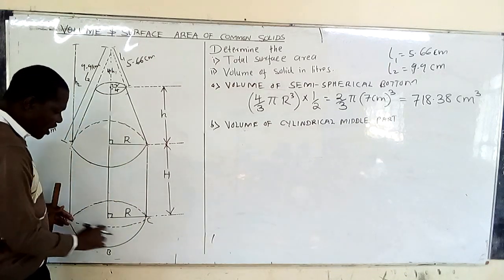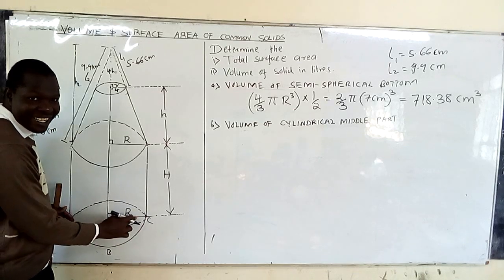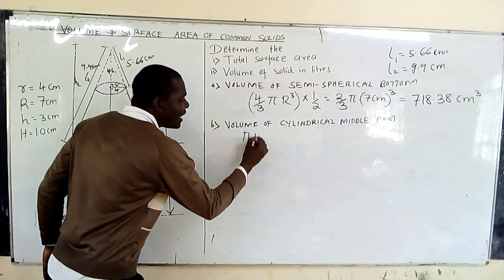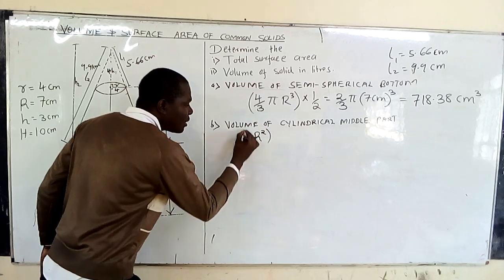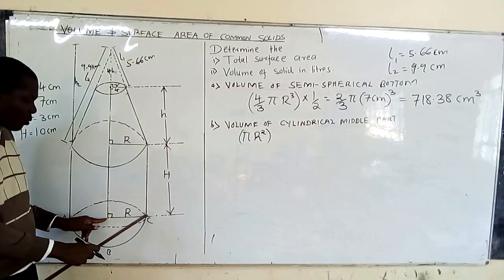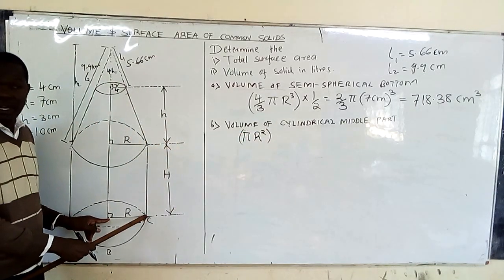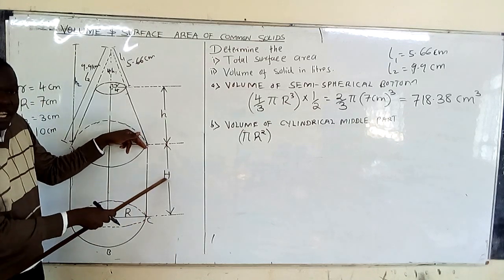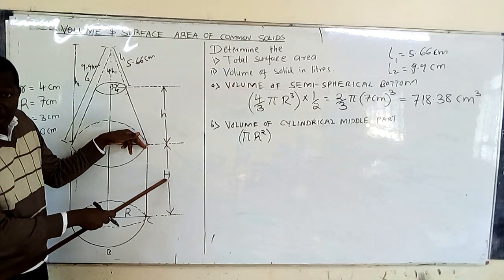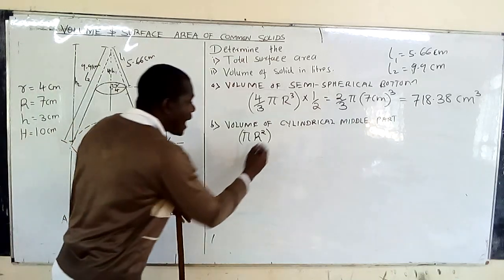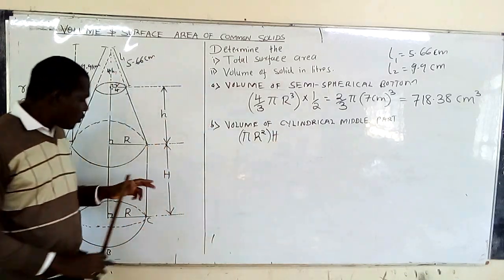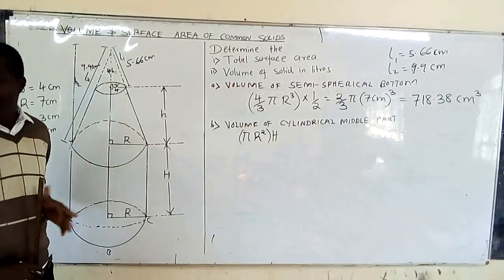And the cross-sectional area is the area of this circle. The cross-sectional area is pi r square, because this cylindrical part is using big R. Then times height, and this height you are told is big H, so it is pi r square H. So that is the volume of this cylindrical middle part, isn't it?